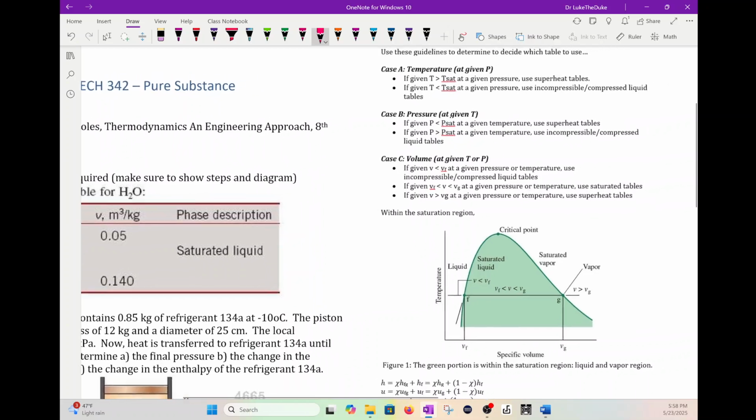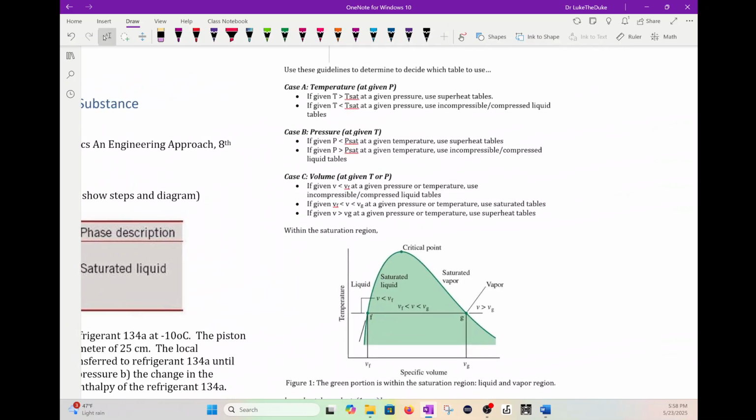So remember, these are the rules. For temperature at a given pressure, if given T and it's greater than T sat at a given pressure, use superheat tables. Same with pressure, same with volume.